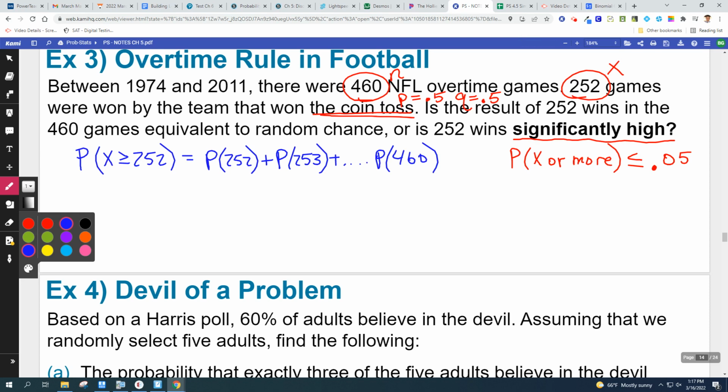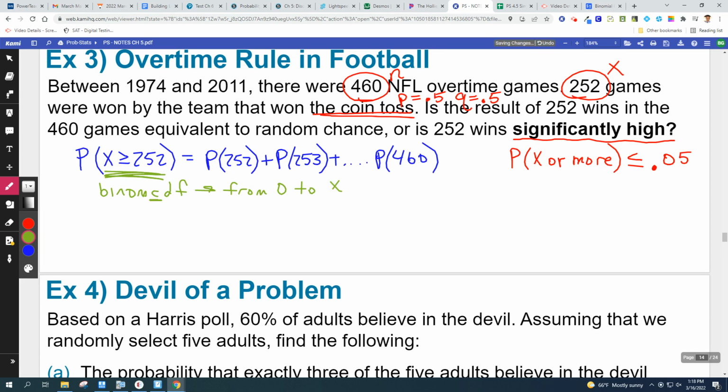So with the TI, it's a little bit confusing because when we want greater than or equal to 252, that's not how binomial CDF works. Binomial CDF, C stands for cumulative, so it is going to add some stuff up, but it's not going to add up from 252 to 460. What CDF does is it adds up from 0 to your number.